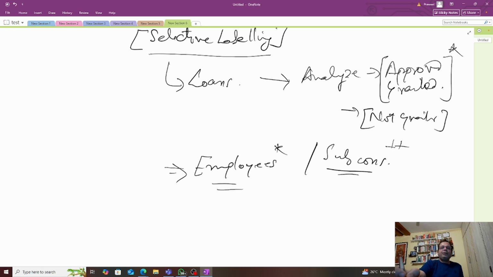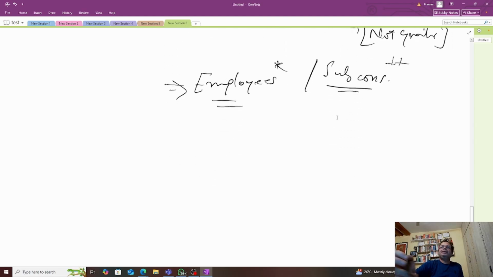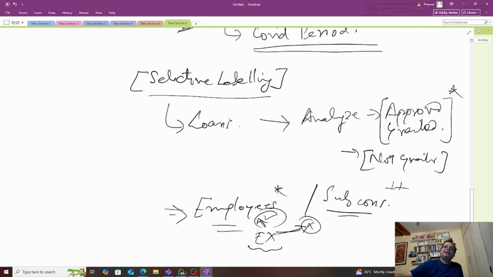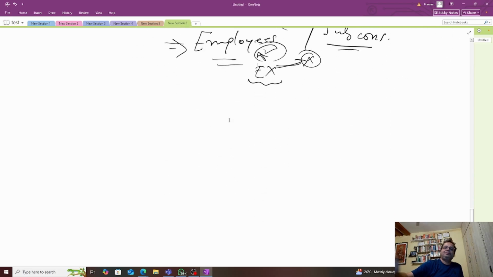But if they want to look at employee satisfaction, or attrition, or other kinds of employee experience, ideally they should take it from both these places, but they selectively ignore this and only take this. So this is also a kind of bias, which we'll call a selective labeling bias.